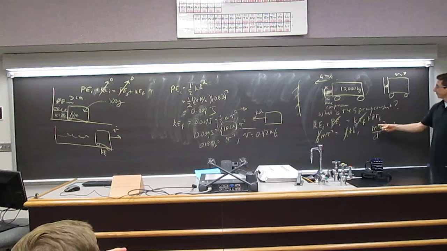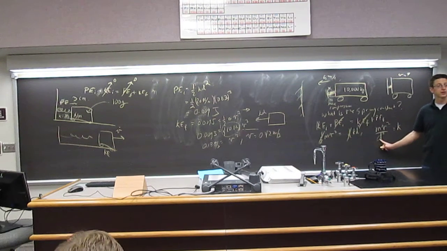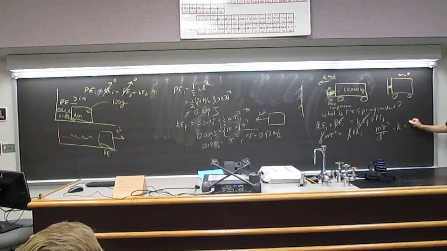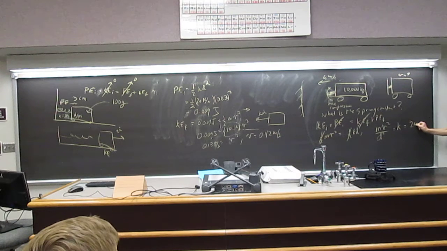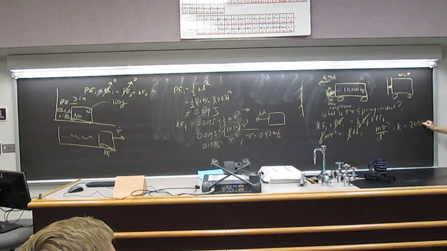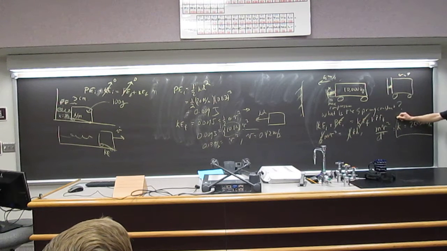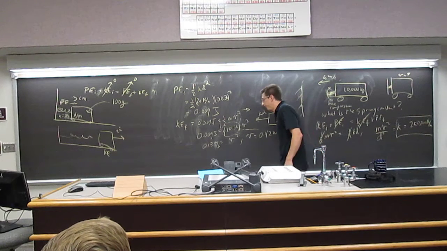So plug in 5 for m, 10,000 for v squared, and 1 meter for d. When you do that, you should get 250,000 newtons per meter. Everyone get that? Good.